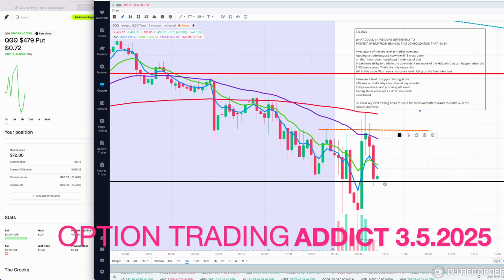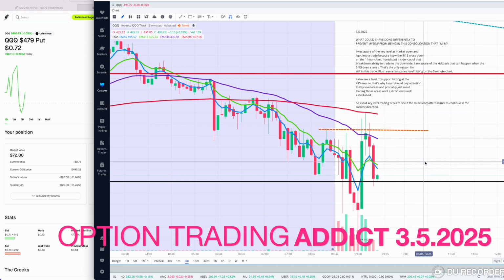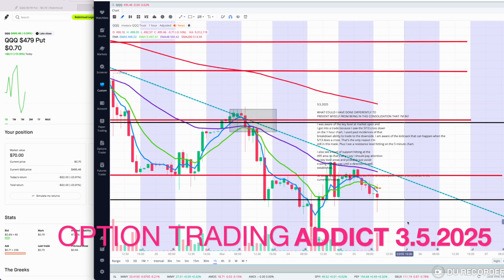but we're still running into this key level area right here. Let me look at the 1 hour chart. Okay, come on 513, break on down. Sometimes it's nice to just watch it on the 1 hour chart. Makes me less anxious.